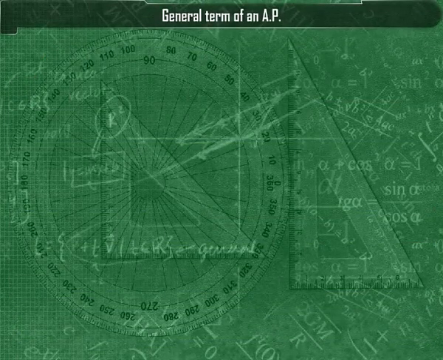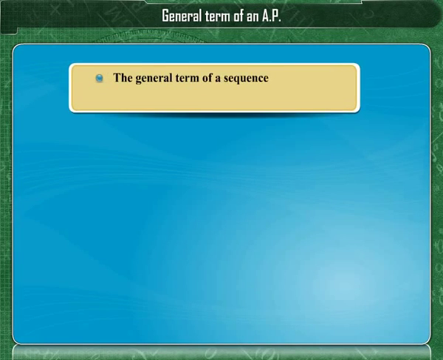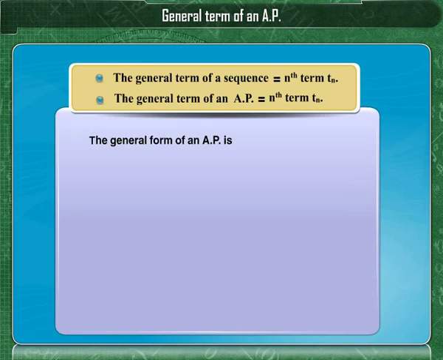General term of an AP. We know that the general term of a sequence is its nth term Tn. In the same way, the general term of an AP is also its nth term Tn. We know the general form of an AP is A, A plus D, A plus 2D, A plus 3D, and so on.